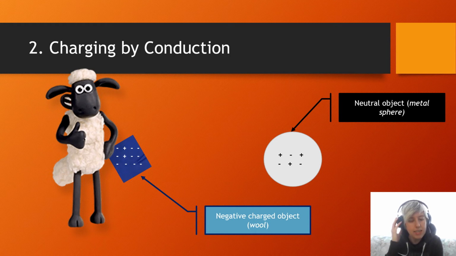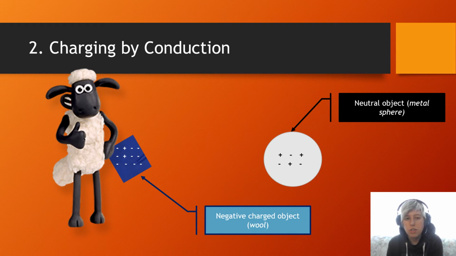The wool that Shaun the Sheep is holding has 2 protons and 10 electrons. So it has an overall negative charge. My neutral sphere has 3 protons and 3 electrons, so it is neutral.